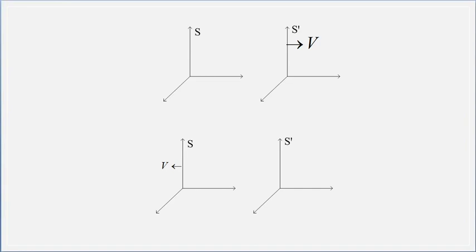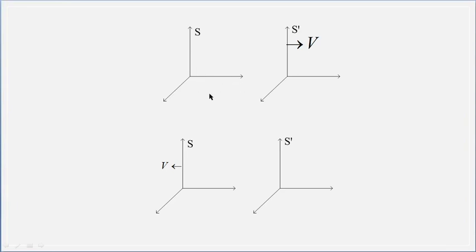Now, if you use the theory of relativity, that means if you use the Lorentz transformation, there are two frames, S and S dash. Here S dash is moving away from S with velocity v. So let us say that this v is very large. Suppose there are twins.